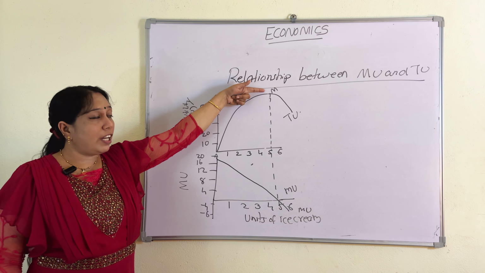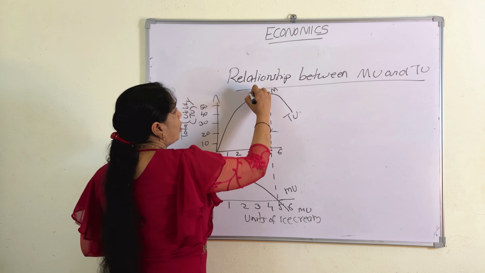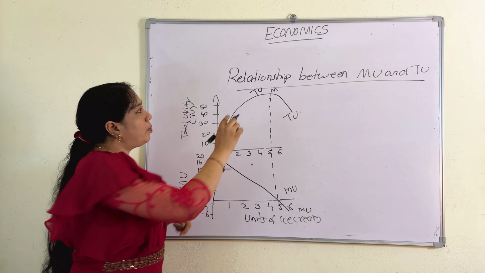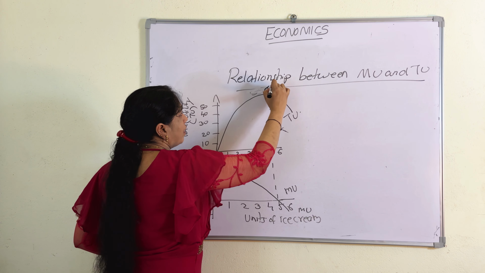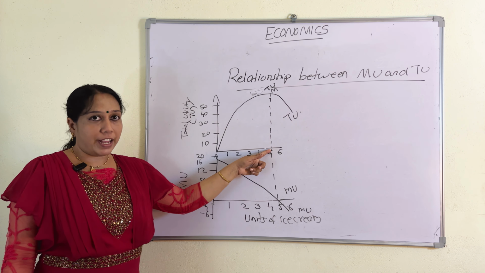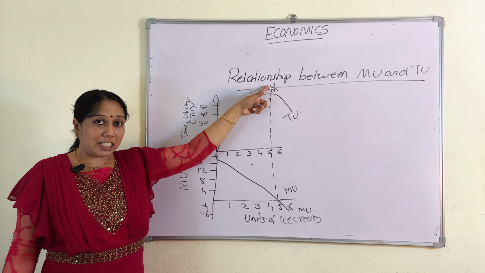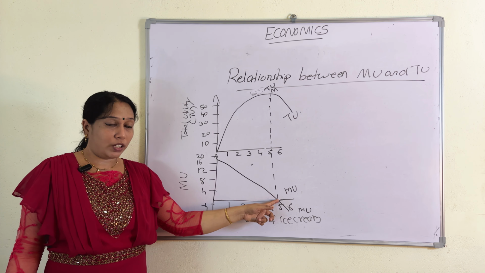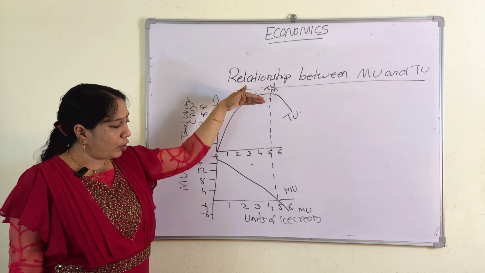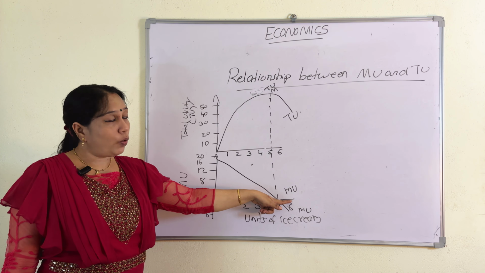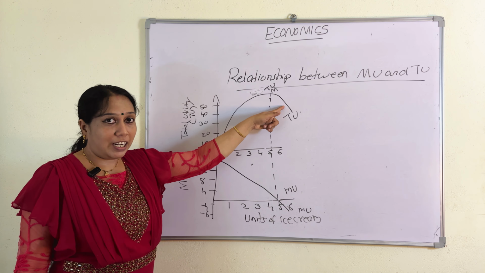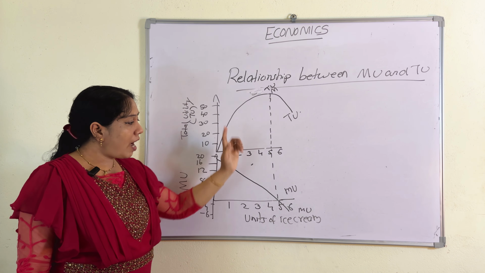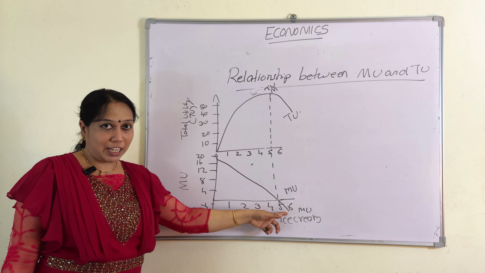And when the total utility is maximum, that is at this point, at the fifth unit of ice cream, the total utility is maximum. That time marginal utility is 0. Then at the sixth unit of ice cream, the total utility decreases, it falls. That time marginal utility became negative.